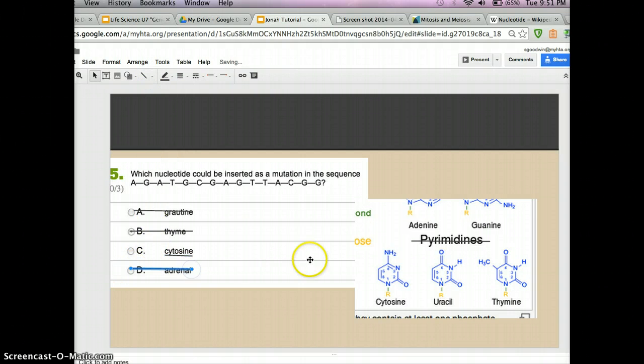It is adenine. So basically, Jonah, what you've got to look for here is they're playing a trick on you, and they're only giving you one actual type of nucleotide. The other ones are actual words, but they're only similar to the name of the nucleotide. So just be careful on that one. You might want to write down the names of these nucleotides and use those to study.